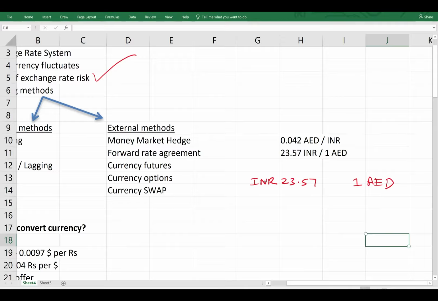Or we can express like this as well in ratio terms. It's the same meaning. So what does that mean? 1 dirham is equal to 23.57. I mean, if you go to any exchange today, if you give them 1 dirham and you ask them for INR, they will give you 23.57 INR in response. Or we can express it that way, same thing, divided by. So we have many ways of expressing it.